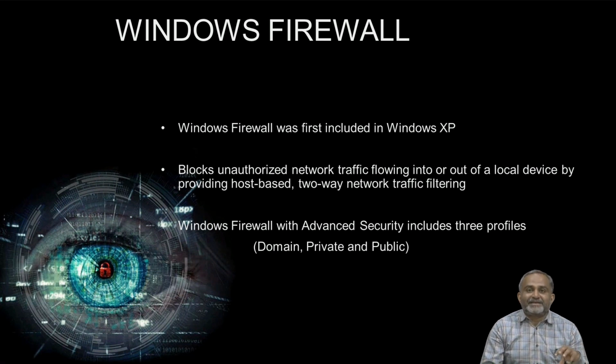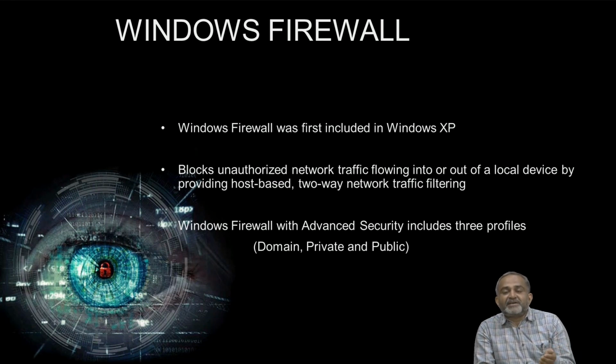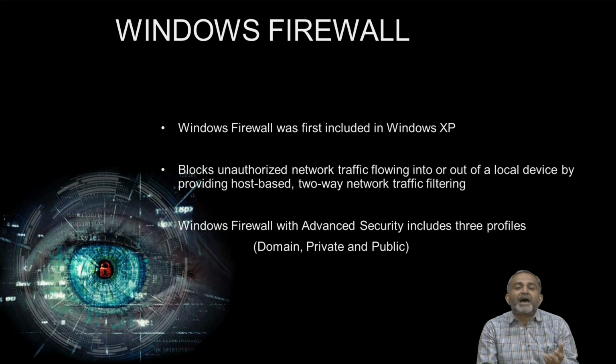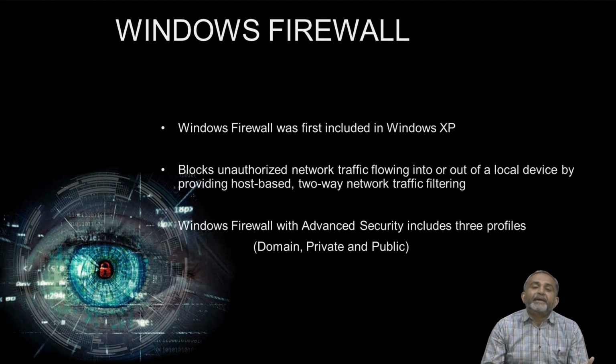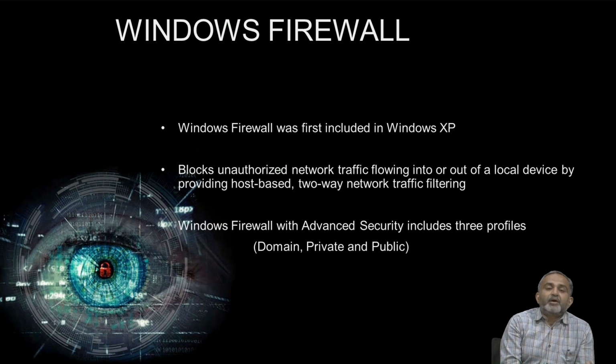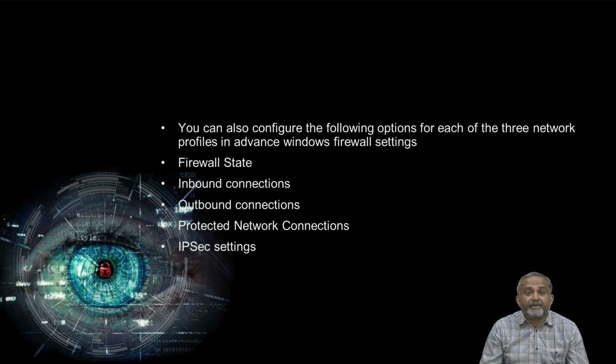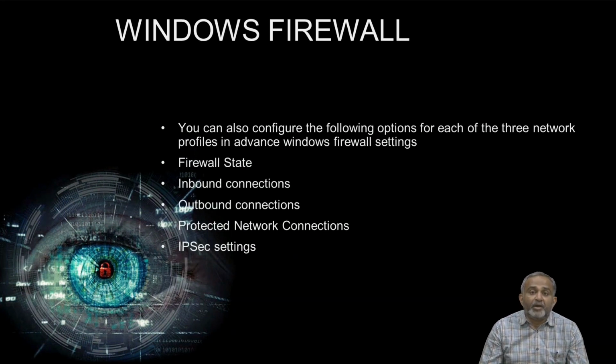So in that case, network discovery is by default off, as well as sharing features like printer sharing. Network discovery is off, as well as these kinds of sharing features. So up to some extent, the user can maintain privacy, and based on the privacy maintained, the security is also maintained.